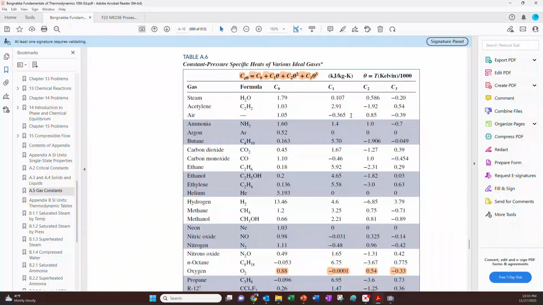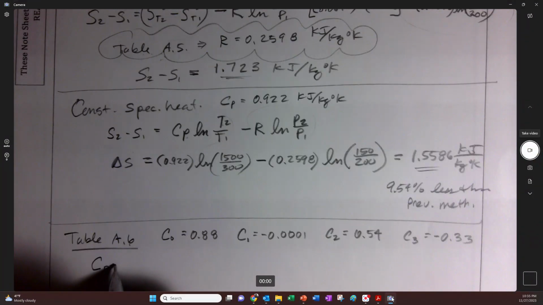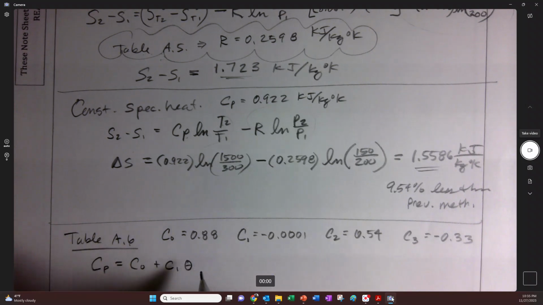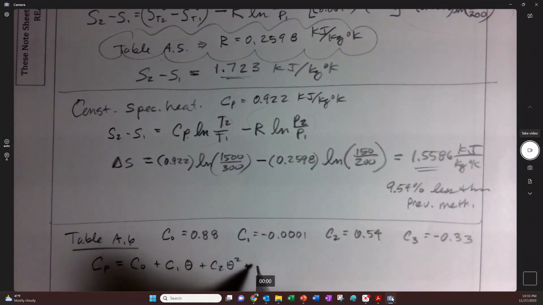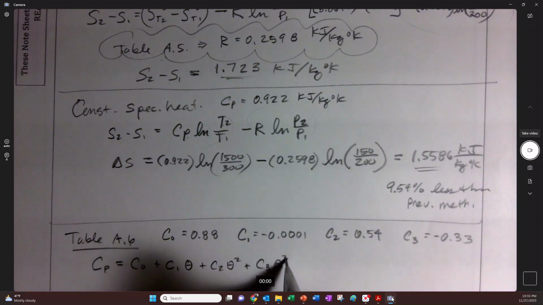Sure, might as well. I'll write it down here, just because you can't see me. Come on back, screen. So remember that's C0 plus C1 theta plus C2 theta squared plus C3 theta cubed.